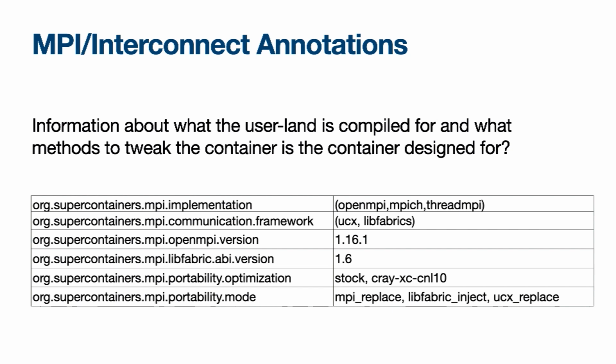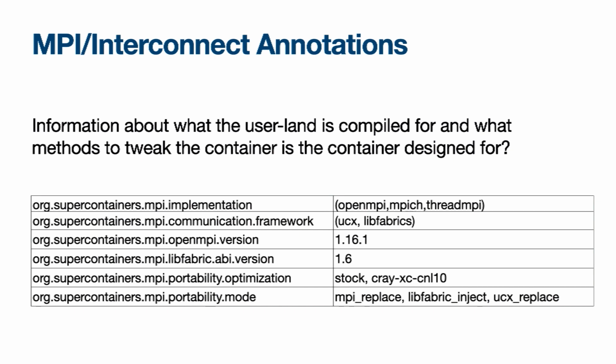Most of the containers will do an MPI replace, as we saw from Alberto's talk as well, where you have an MPICH version on the host and an MPICH version within the container, and you just mount the shared objects from the host MPI library into the container, and then it will pick up the best performing MPI for the underlying interconnect. That's the MPI replace.